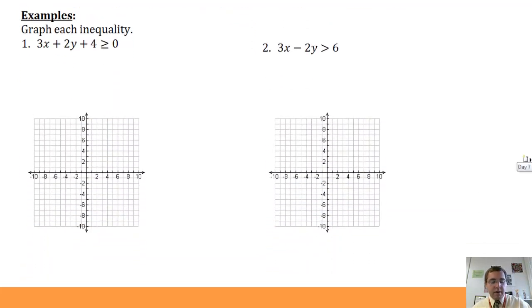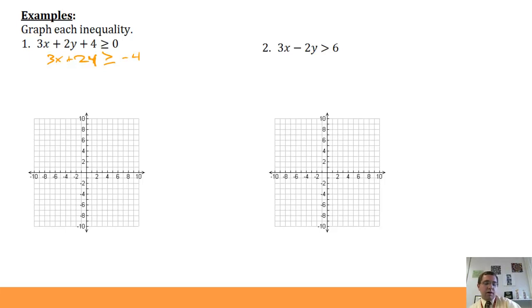Example number 1. 3x plus 2y plus 4 is greater than or equal to 0. Is that linear? Sure. It just happens to be in somewhat standard form. We just need to move the 4 to the other side. So let's do that first. 3x plus 2y is greater than or equal to negative 4.